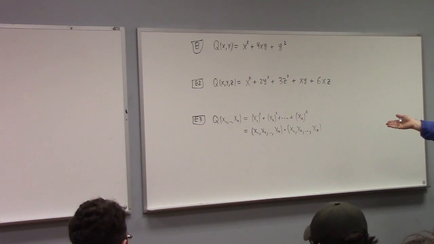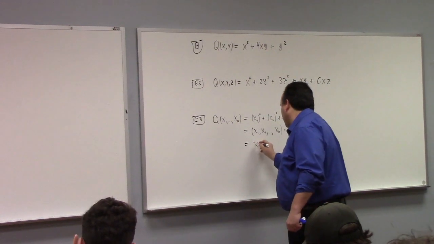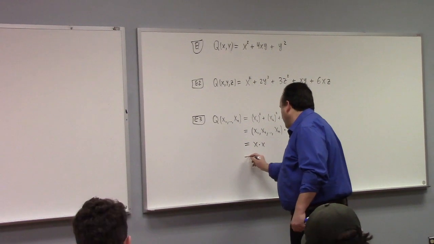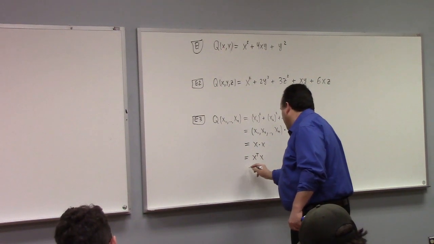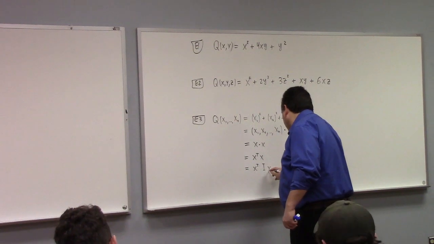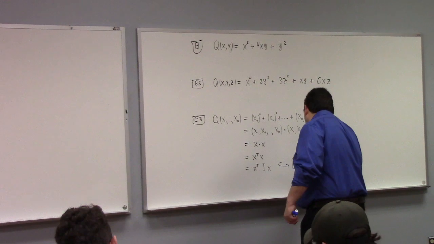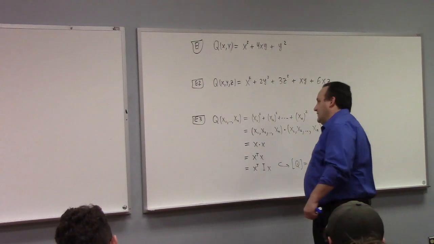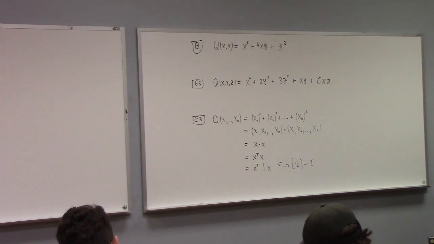But that's exactly the dot product of x with itself, right? This is just x dot x. So if you use your imagination, you can see that this is x transpose times x. And if you have a better imagination still, you could say that that's x transpose times the identity matrix times x. So here, the matrix of Q is the already diagonalized matrix I. There's no need for eigen chicanery here. It is what it is.